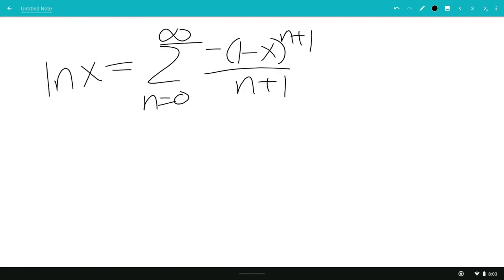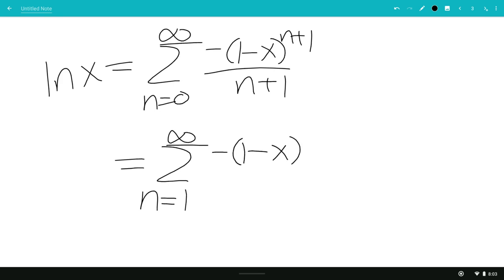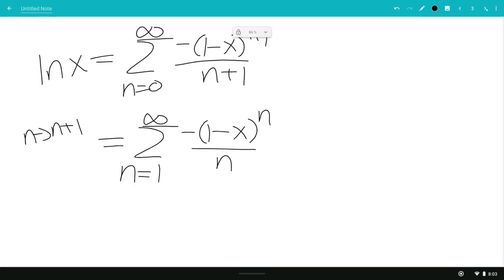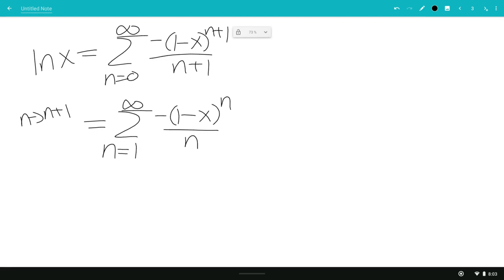And we can rewrite this a little bit. We can have n going to 1, so we add 1 to n, so we have to subtract 1 from every other term, so n goes to n plus 1 and n plus 1 goes to n over n. And the other step we can do is take a negative 1 out of this, so this will be negative 1 to the n times x minus 1 to the n.